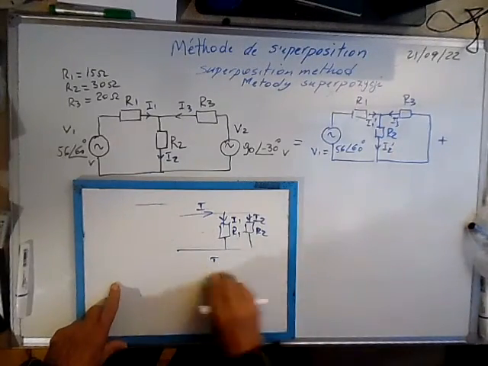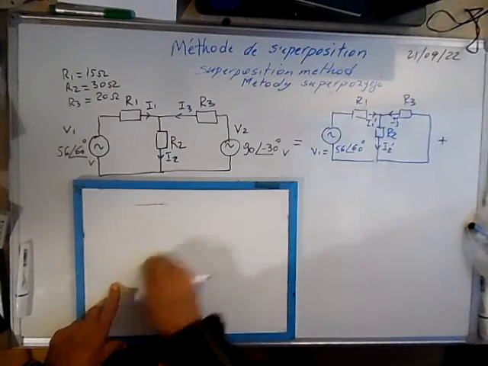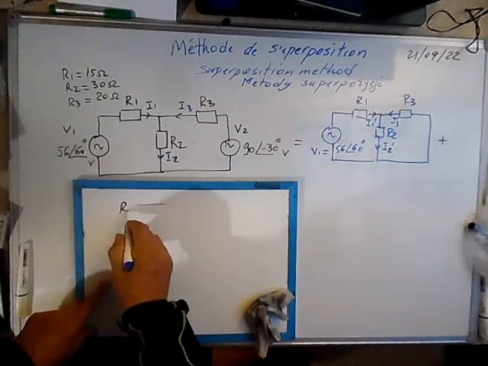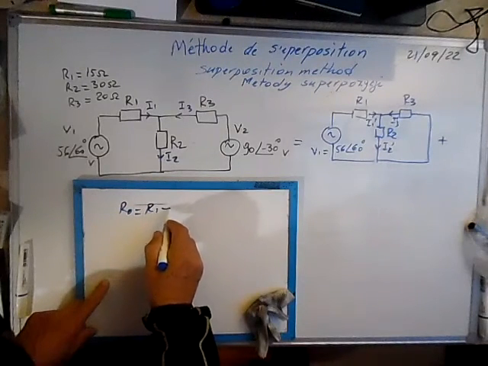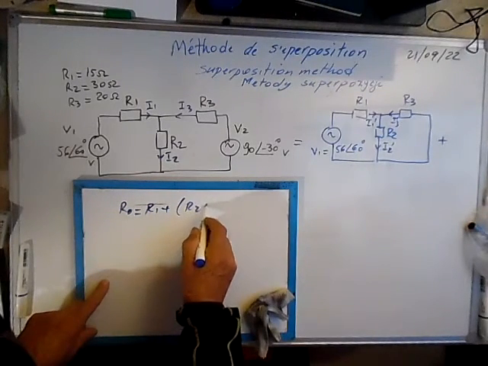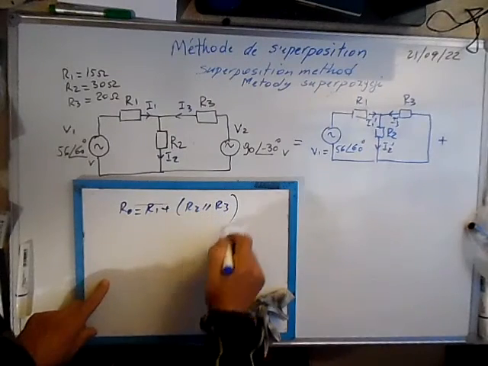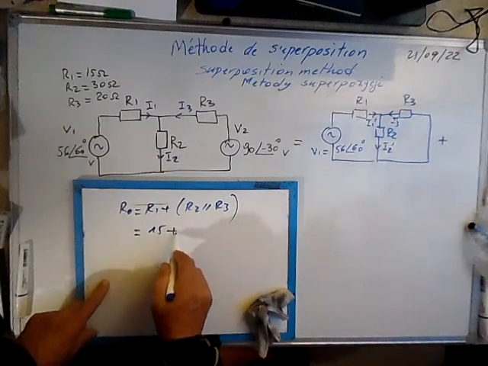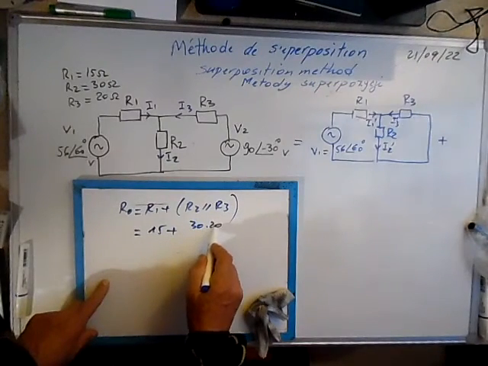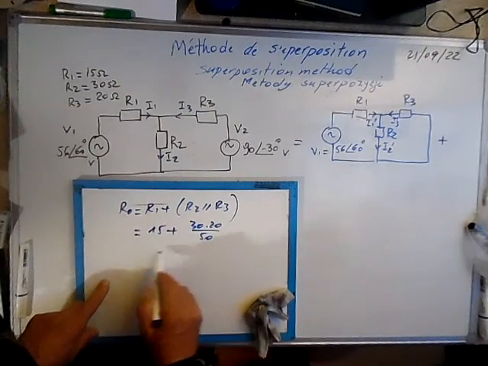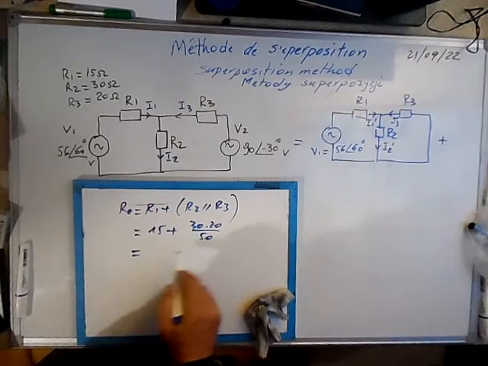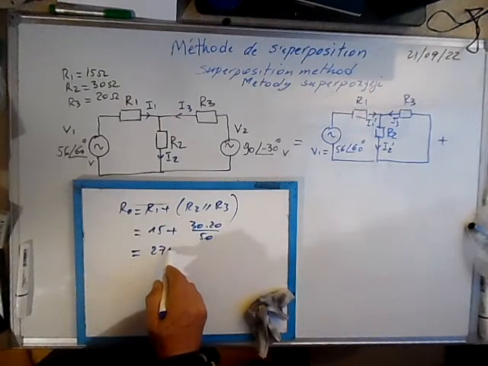First of all, we have to calculate the equivalent resistance of this circuit. The equivalent resistance is R1 plus R2 in parallel with R3. Here R1 is 15 plus 30 times 20 over 50, which is 12, so it means 27 ohms.